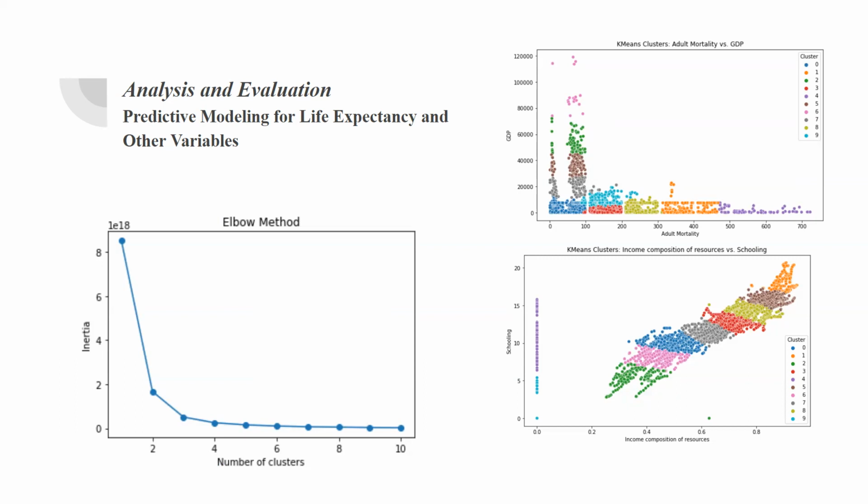So in explaining what is going on here, on the left, the elbow method is a way of determining how many clusters we should really have, instead of guessing.